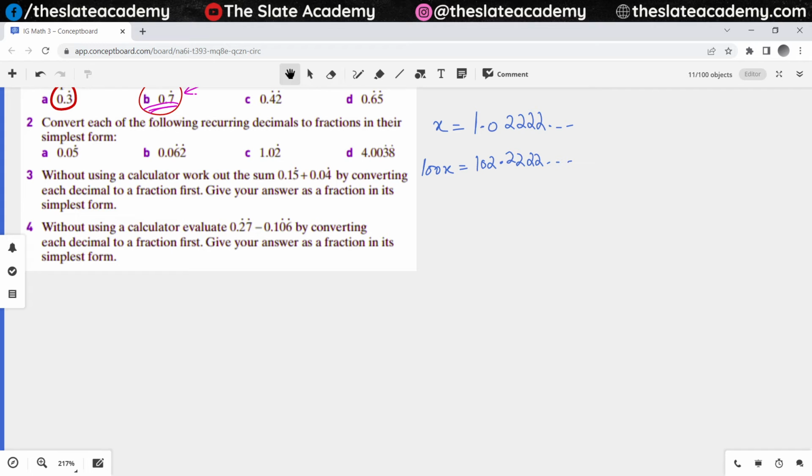Question number D. If you could give me just 1 minute, I solve this C and then get to that. So 100x minus x, that would give me 99x. 102.2. Or it would give me 1022 by 990. So x will be equal to 1022 by 990.